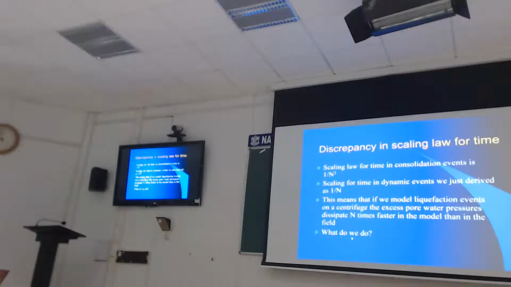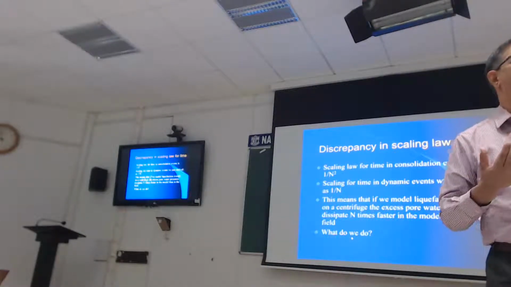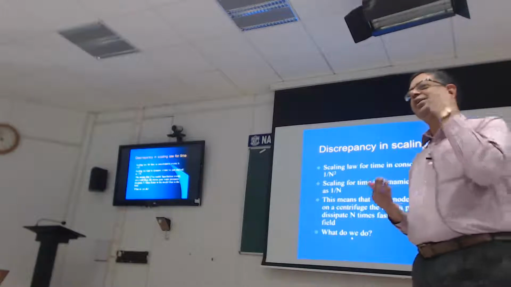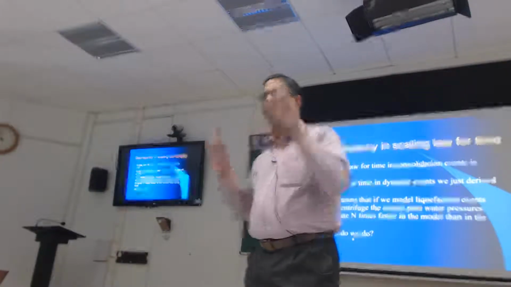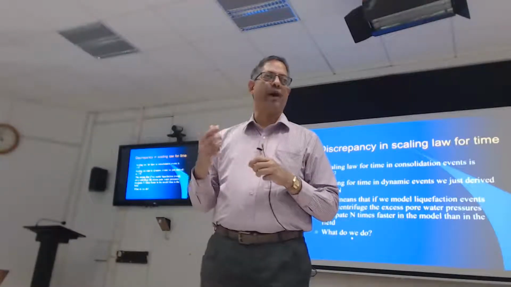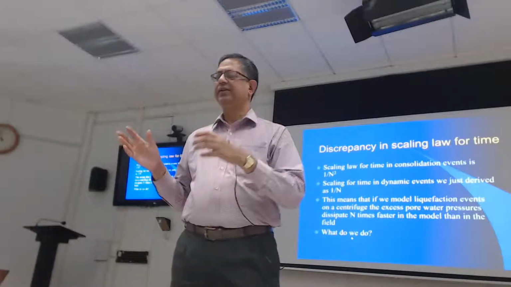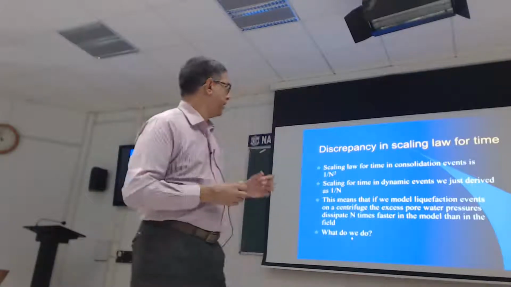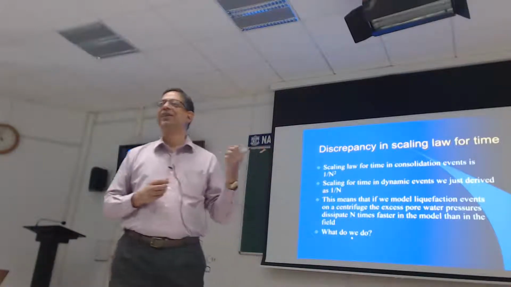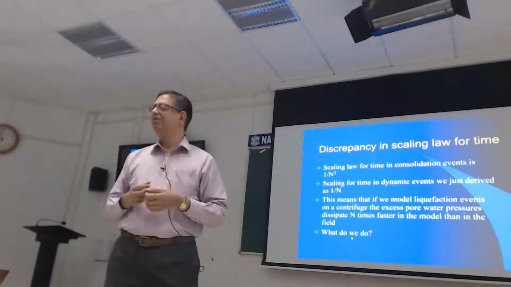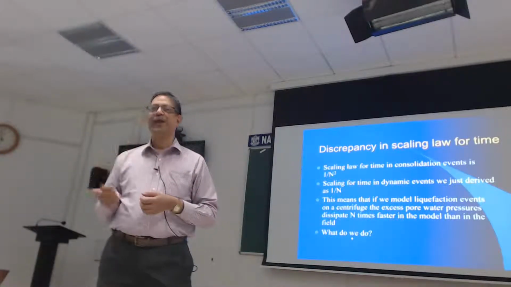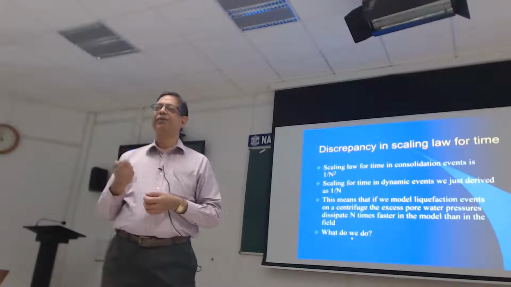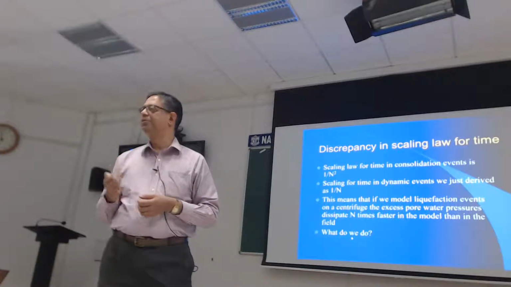Now, these two sit together. You've got the scaling law for consolidation time or slow time as n squared for any diffusion process, that is true, and you've got all these dynamic times which are scaling as a factor of 1 over n. So we have a factor of n missing between the two.